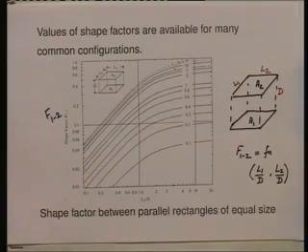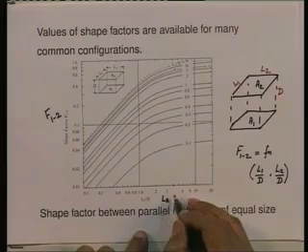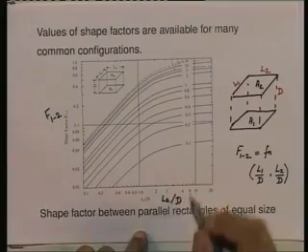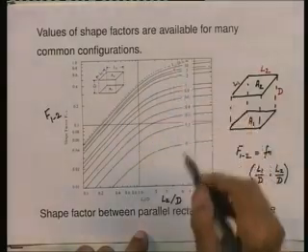So, any time you have this situation in practice, all you have to do is, for the given situation, calculate the two parameters L1 by d, L2 by d, and go to this graph. L2 by d is given on the x axis, and L1 by d is the parameter which is varying between each curve drawn here.